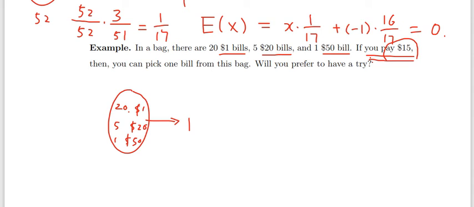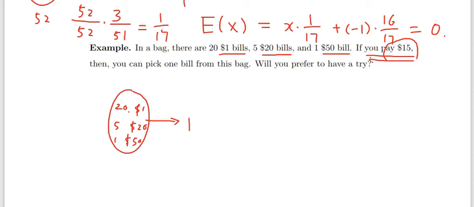If you pick a $20 bill, you can make some money: you win $5. If you get $50, then you can make $35. If you get a $1 bill, then you lose $14, right?